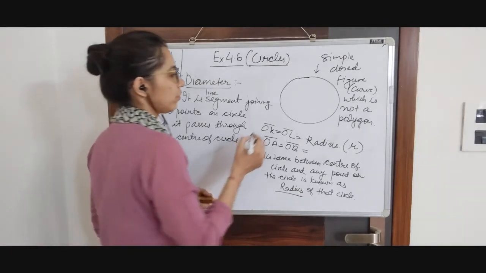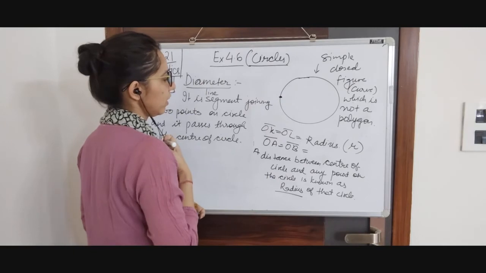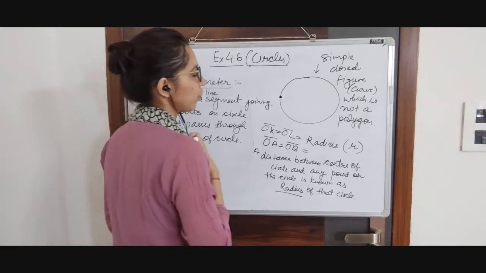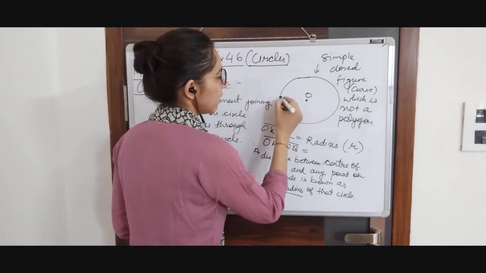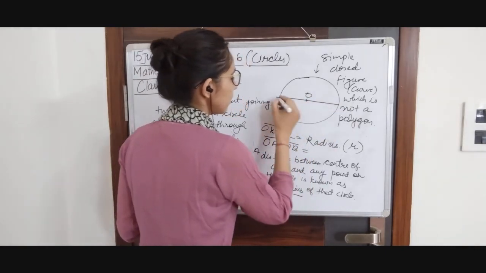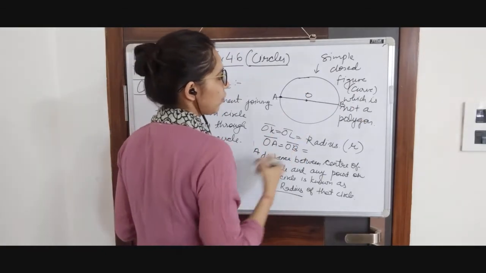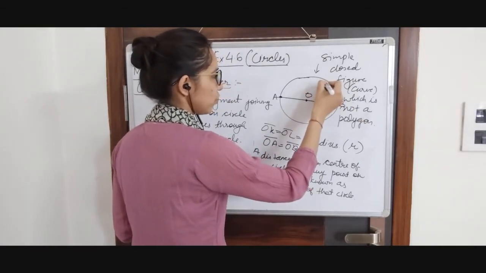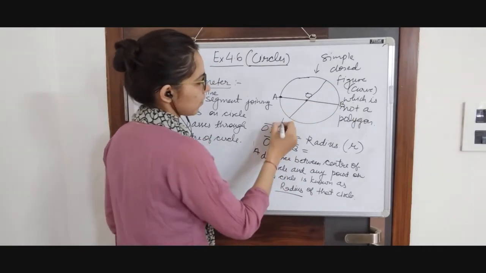We have to draw a line segment joining two points on the circle, and it should pass through the center. Then this will be AB. This is a diameter. Draw another line segment which passes through the center. It is PQ.